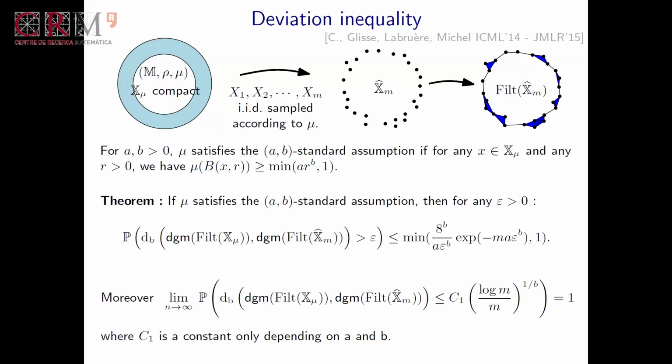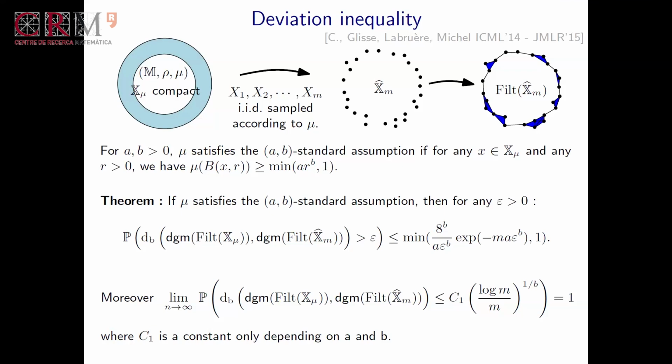When you randomly sample m points according to mu, and you look at the bottleneck distance between the diagram built on top of the support of the measure and the diagram of the filtration built on top of your random set made of m points, the probability that this distance is larger than epsilon is in fact upper bounded by something like 1 over epsilon to the b times exponential of minus some constant times m epsilon to the b.